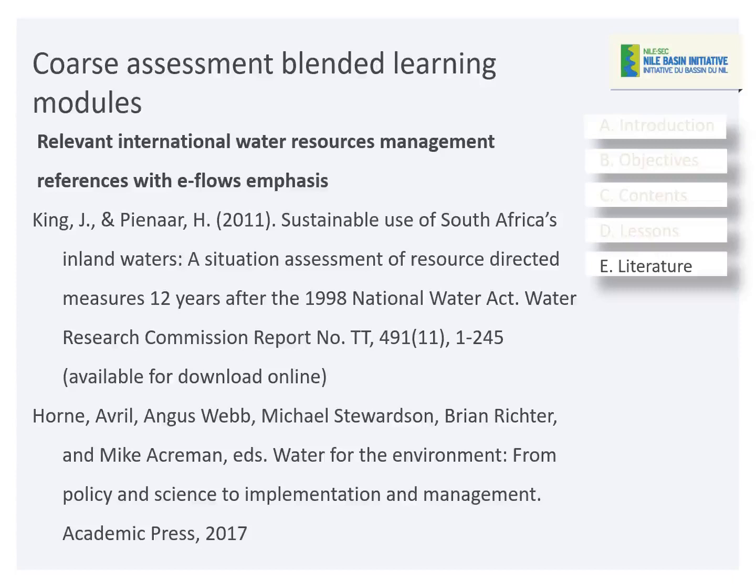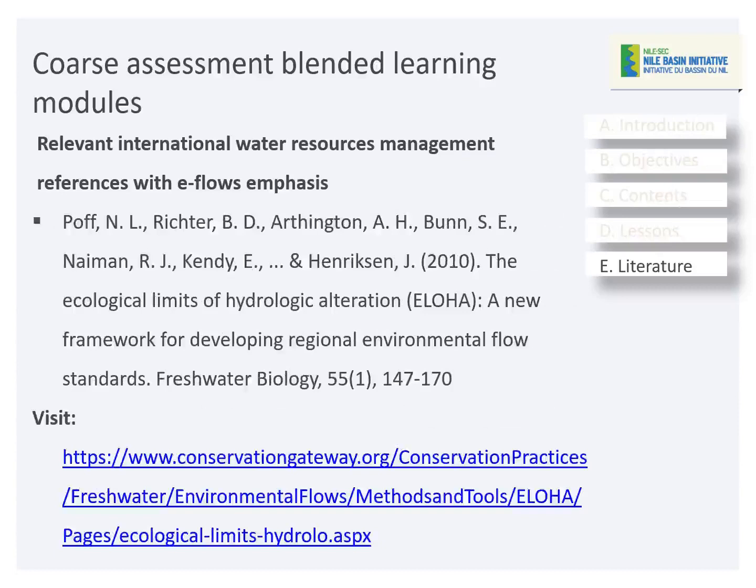And then importantly, look at Water for the Environment: From Policy to Science and Implementation by Avril Horn and Co. We then recommend that you read the publication on the ELOHA, Ecological Limits of Hydrologic Alteration, and finally visit the ELOHA and environmental flow websites that are available to explain how some of these frameworks have been implemented in case studies around the world.